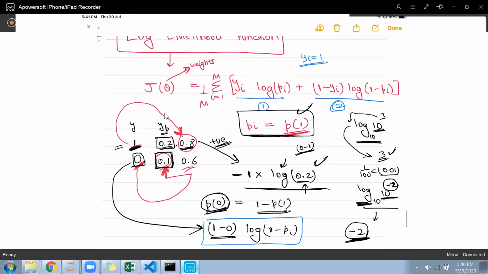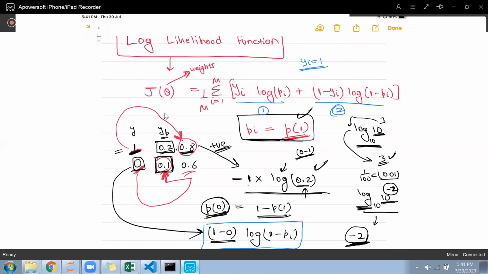If yi is 1, which term will go away? The second term will go away, because my actual is 1 and the probability that I'm calculating is also of 1. So that's why I don't need this probability of 0.